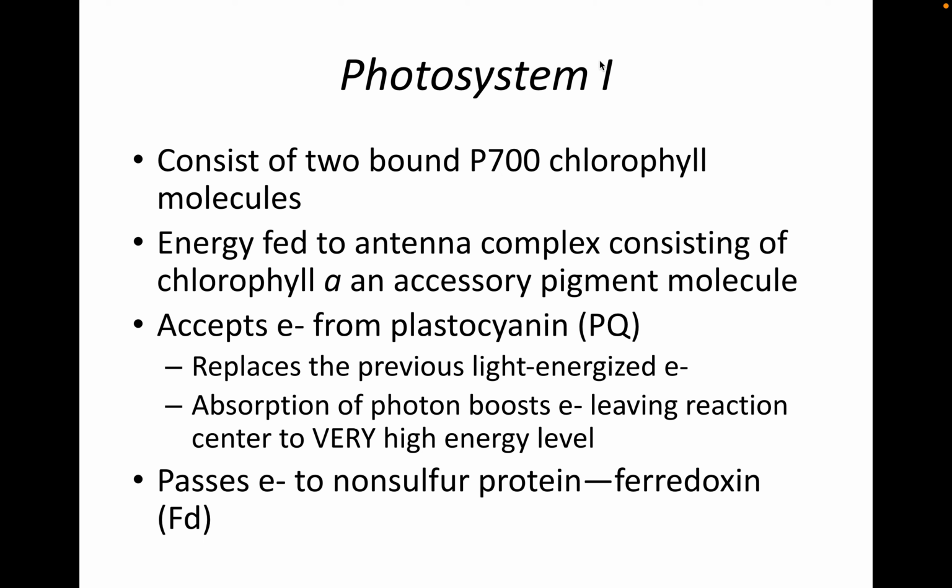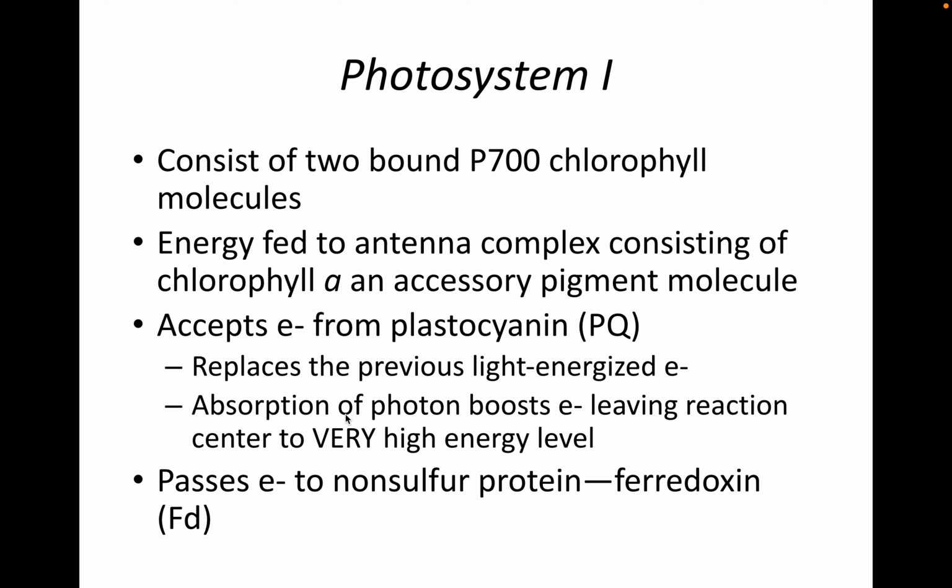So then we reach photosystem 1, where the reaction center is P700. Okay, energy gets fed through the antenna complex. We do have some chlorophyll A as well as some accessory pigment molecules, but photosystem 1 will accept those electrons from PQ. Then these electrons will get re-energized.